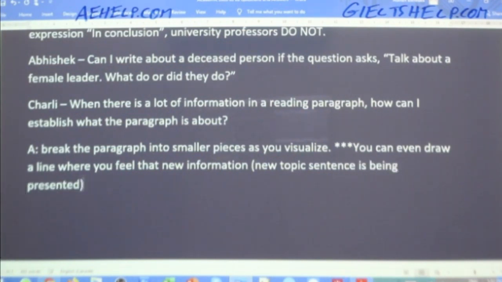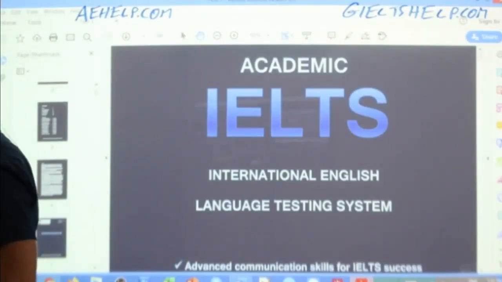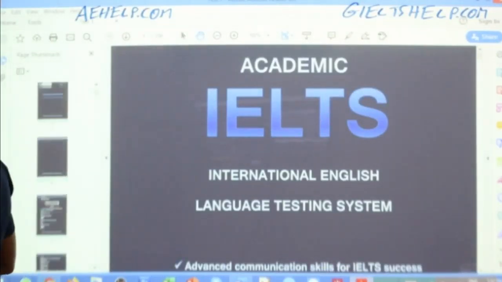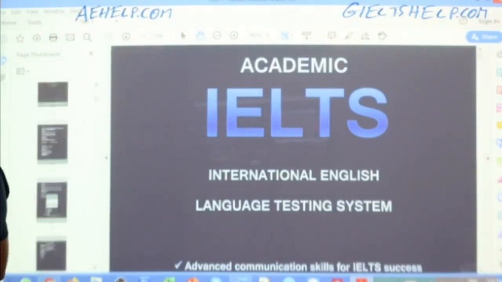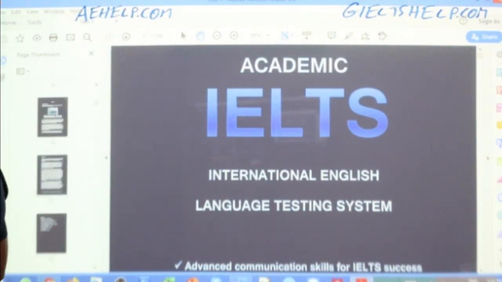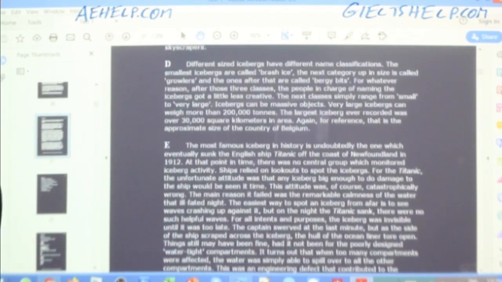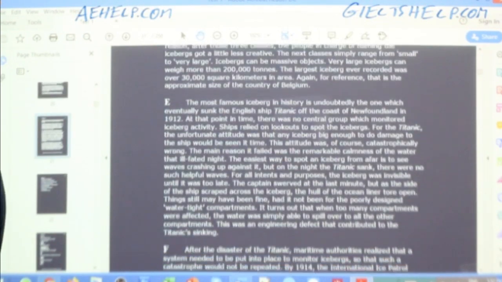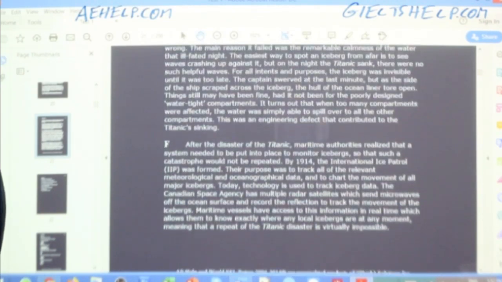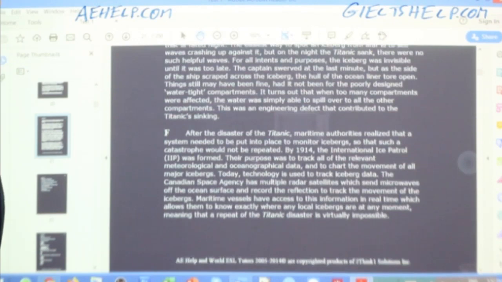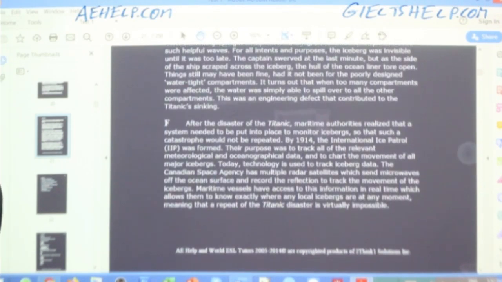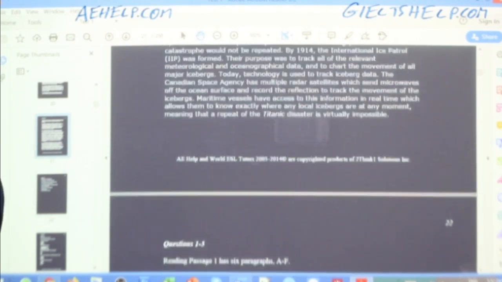So I'll show you an example of that here in a second, Charlie. Let me just look for a nice long paragraph that I think will have lots of information in it. It doesn't necessarily have to be a long paragraph.